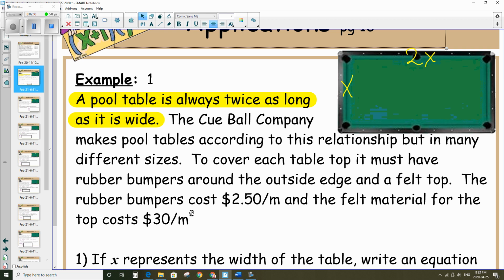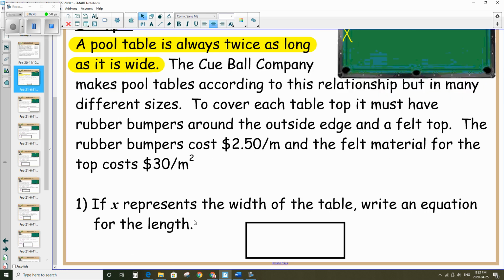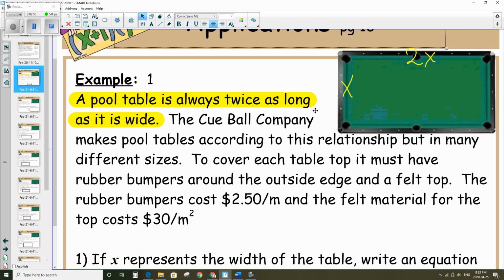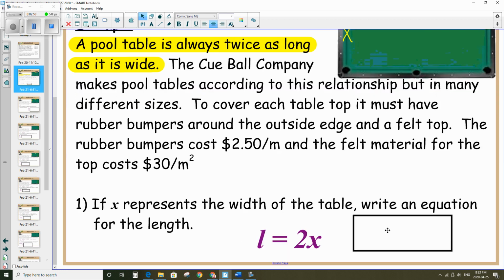The rubber bumpers cost $2.50 per linear meter, and the felt material for the top costs $30 per square meter. If x represents the width of the table, write an equation for the length. I said that already up here. If the width is x, our length is 2x. So we can say L is equal to 2x for our equation.